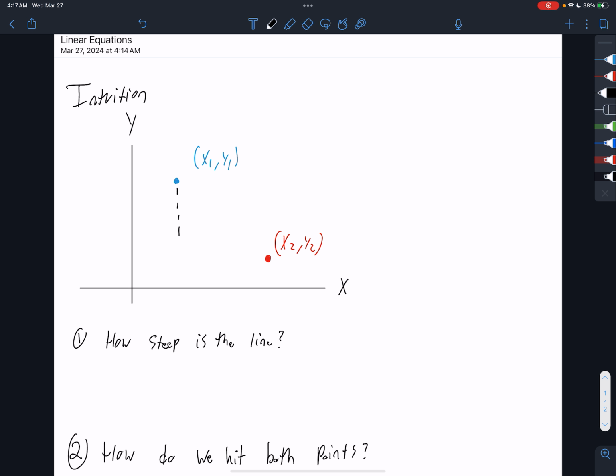You can either walk this way, down and then across, or you can walk along a line in order to get there.